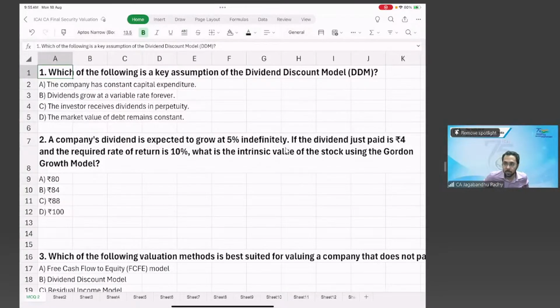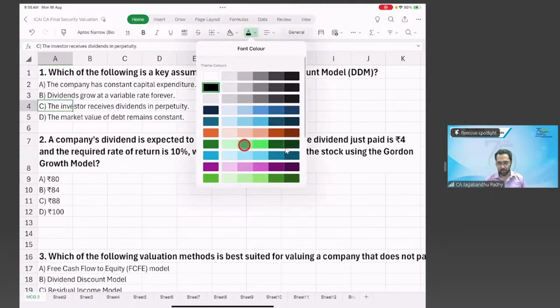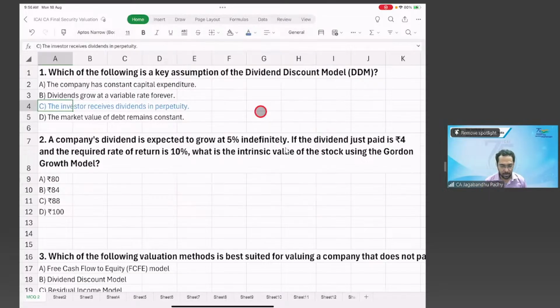The company has constant capital expenditure? No. Dividends grow at a variable rate forever? No. Investor receives dividends in perpetuity? Yes. This is the correct answer, guys, because the underlying assumption we make is that the investor is going to receive dividends till perpetuity, maybe at a constant rate or maybe at a growing rate.